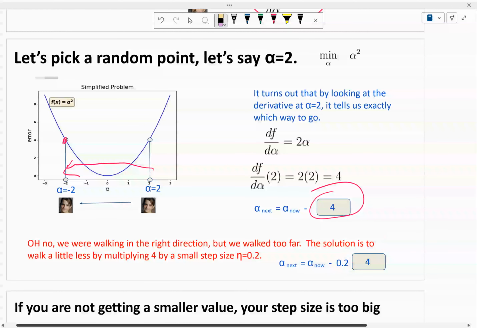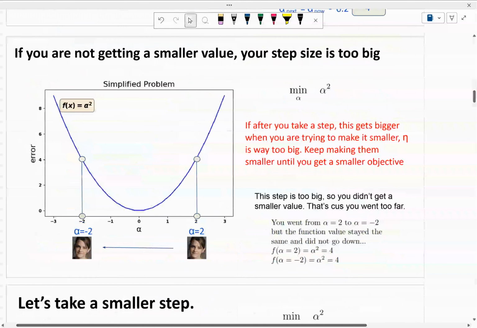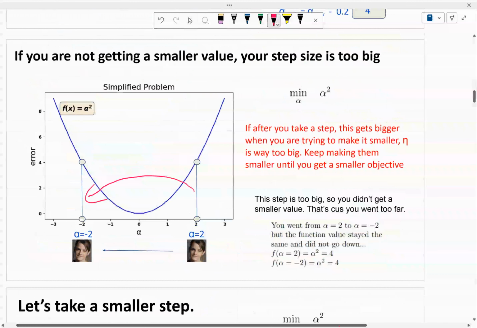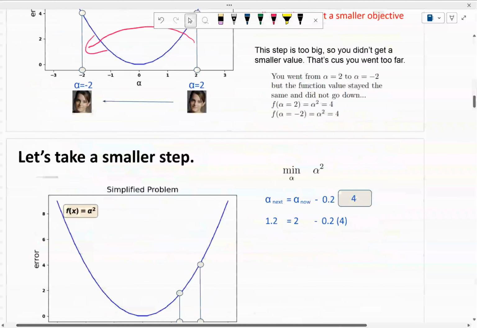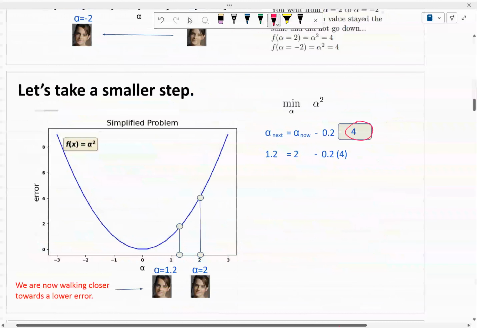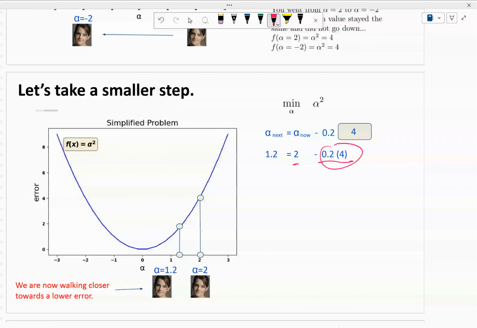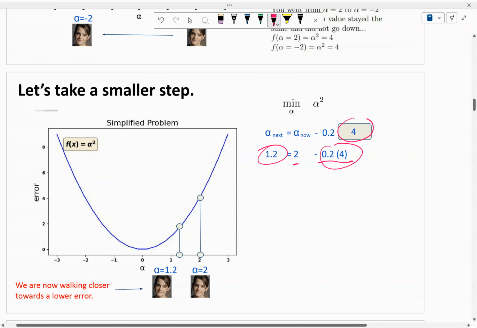When you do this, instead of walking really far, 4 times 0.2 becomes 0.8, and then 2 minus 0.8 is 1.2. So instead of shooting all the way over here, if you put the derivative information here, you would start walking in the right direction incrementally.